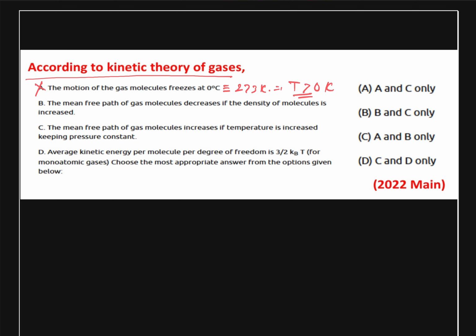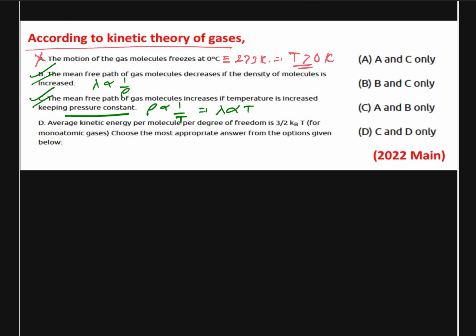This is based on the formula that lambda is inversely proportional to density. So option B is correct. And option C, the mean free path increases if temperature is increased and pressure is kept constant. At constant pressure, density is inversely proportional to temperature, so lambda is directly proportional to temperature. So this option is also correct.